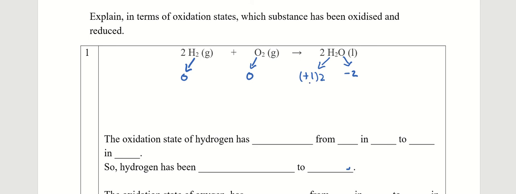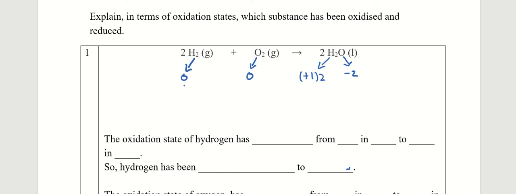Alright, so this gives us a total of +2, which balances off the -2, because as you would remember, the oxidation state of a compound overall should be 0.